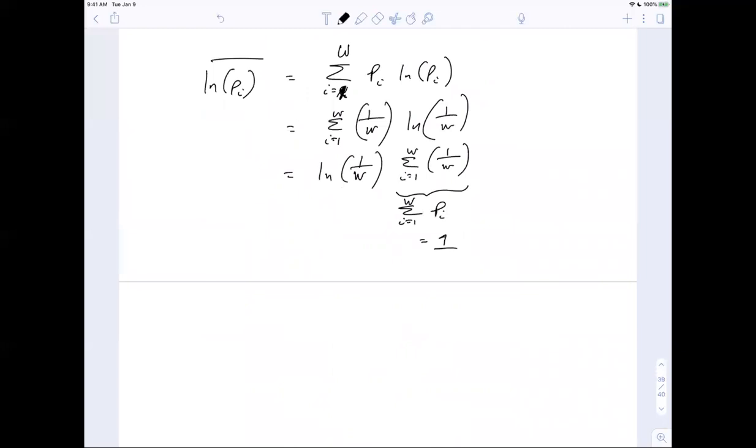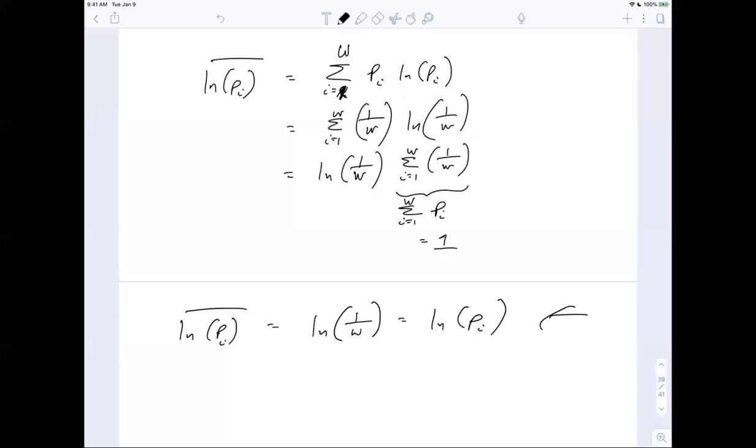And so our average of log P sub I is equal to natural log of 1 over W. And of course, that's just what we thought it would be, because all of the P sub I's are the same. So this should not be surprising.